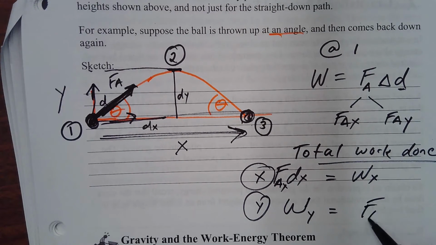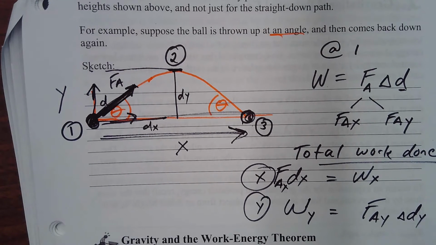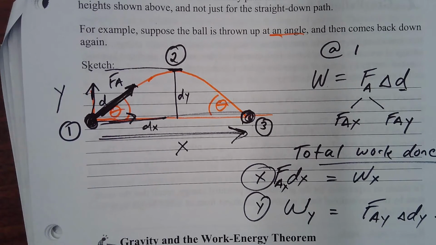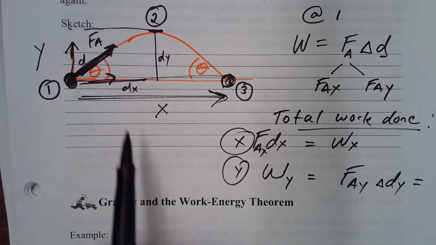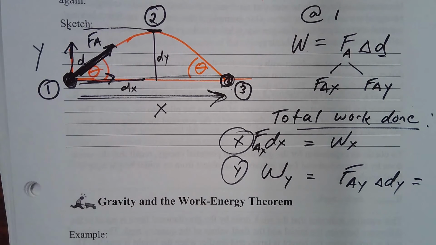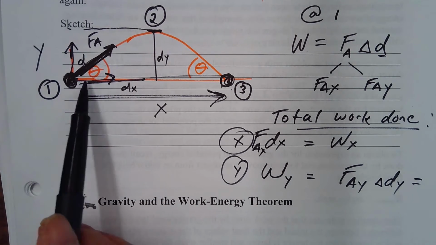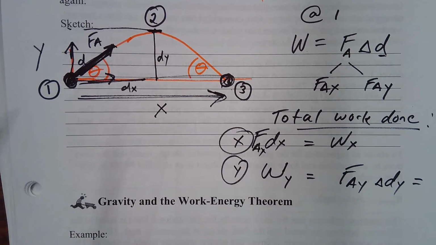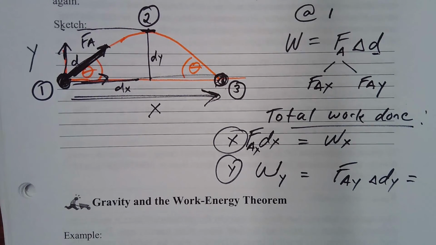So that's the work done along the x, but what's the work done along the y? Yeah, so F_A,y times delta d, the delta y. Well, what happens there? According to the vertical direction here, did it go back to the original? Yeah, it did. Vertically, it went from here, it went up, and then it went back down. So what's the delta y? 0.